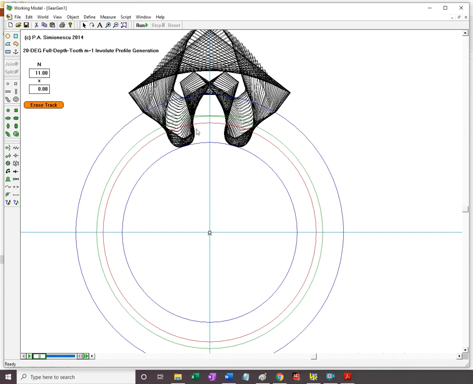That is, the root of the tooth will be such that the thickness is reduced, and this is prone to failure in bending. There's also something about the involute. The involute curve stops at the red circle, which is a base circle. Inside of the base circle, the curve is no longer an involute. So I'm not having any kind of meshing between teeth.